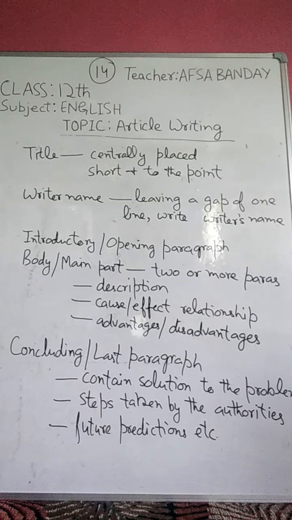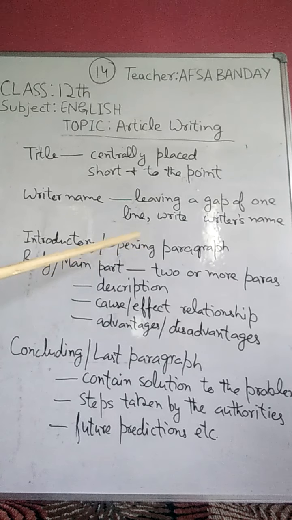Now let us come to how to write an article. First we start with the title. The title should be short and to the point, and it is centrally placed. And then after leaving a gap of one line, towards the left, you write the writer's name. And then again, after leaving a gap of one line, you start your introductory or opening paragraph.